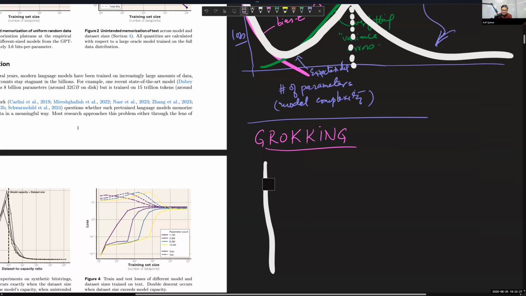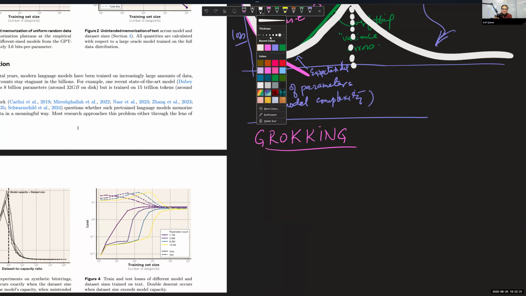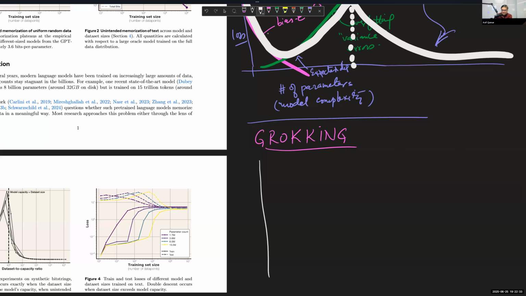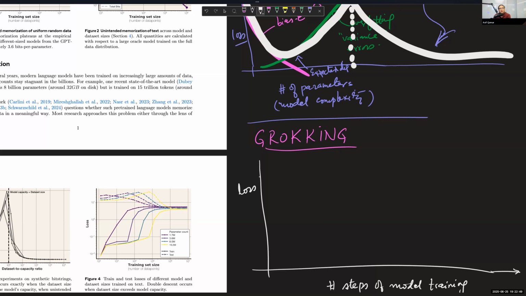What was discovered is that if you again look at the loss, but the x-axis this time is not the number of parameters, but the number of steps of model training. So how long you continue to train the model on the same data set, epoch after epoch, step after step.